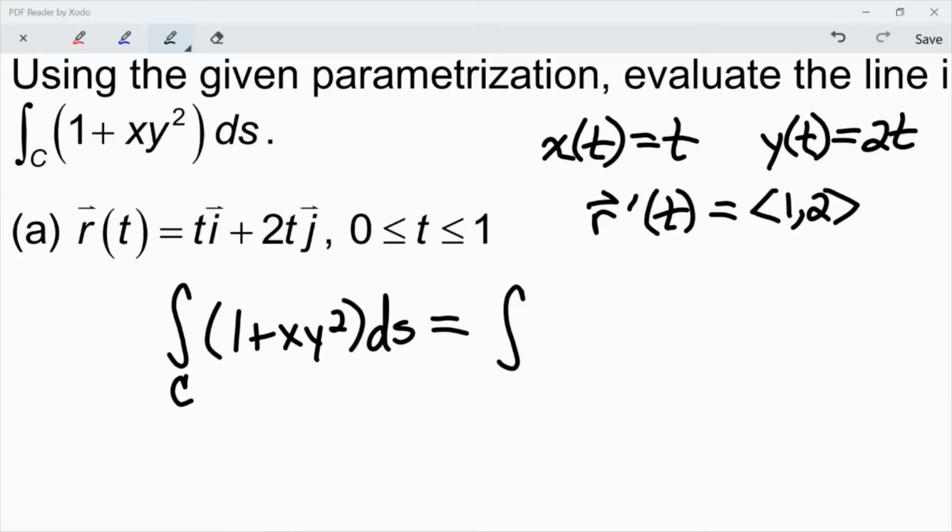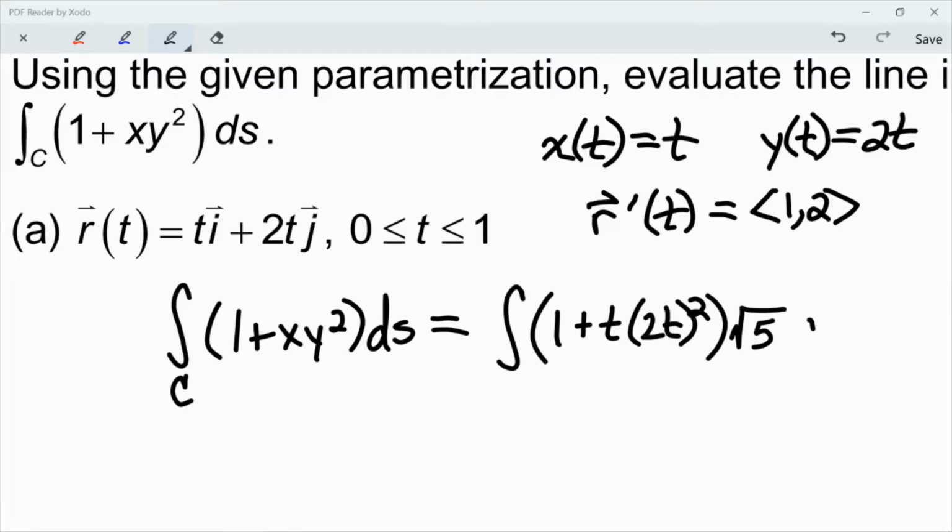Okay, so now this integral is equivalent to 1 plus xy squared, which would be 1 plus t times 2t squared. And then when I do my square root of dx dt squared plus dy dt squared, I'm essentially going to get 1 squared plus 2 squared, which is 5. So all of this is going to be multiplied by the square root of 5.